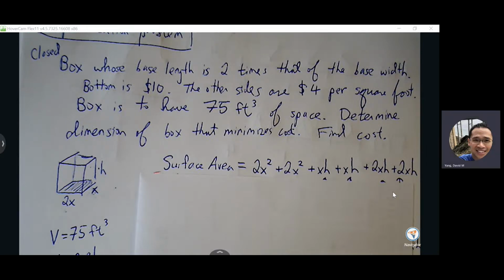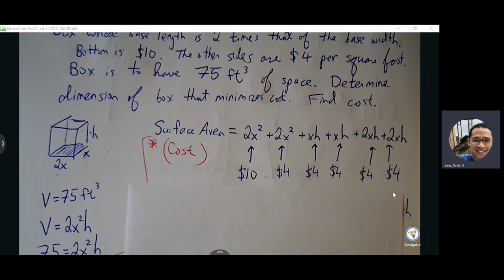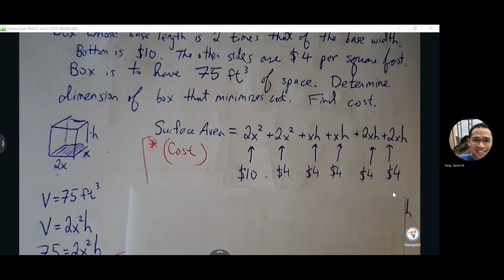Now the cost equation is going to be built into the surface area. So we're going to multiply each of the areas by how much it costs per foot. The 2x squared, the bottom, is $10, but all the other sides are $4. So I'm going to multiply those costs into the area of the sides that I've established.